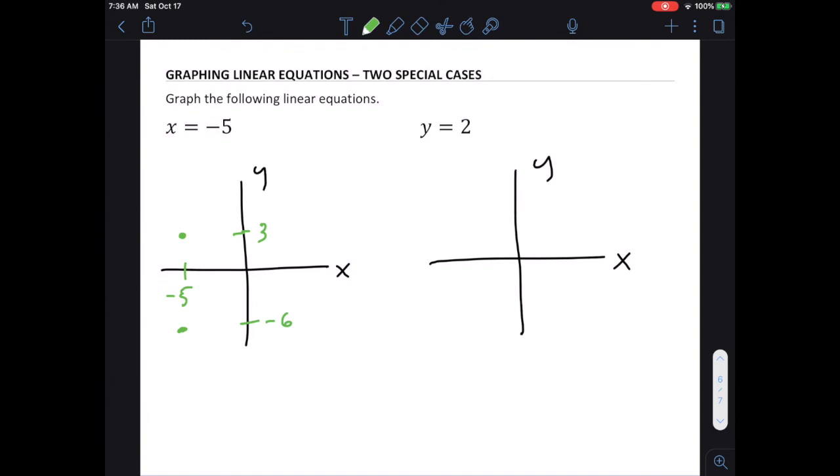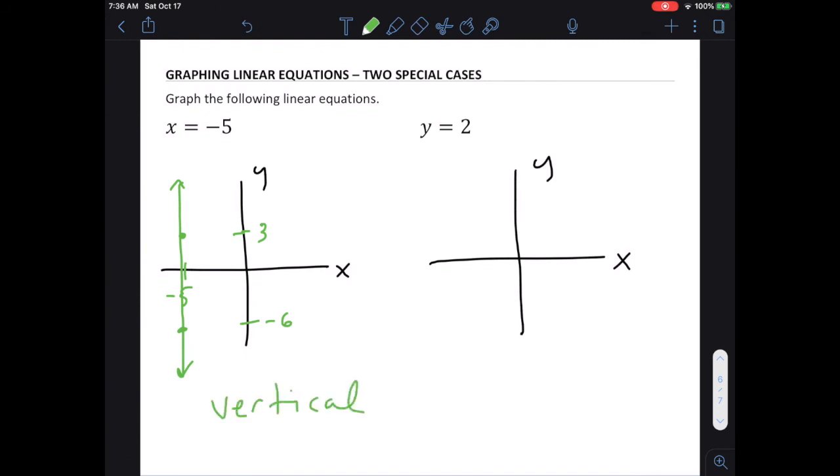Okay, so I can just go ahead and connect those 2 dots. What we end up with when we graph x equals -5 is a vertical line.